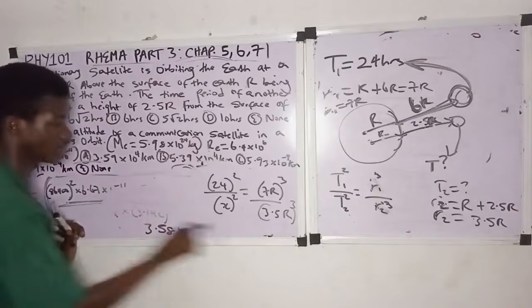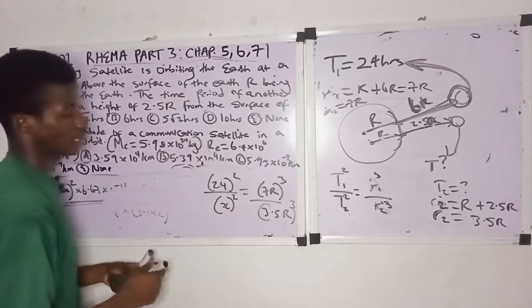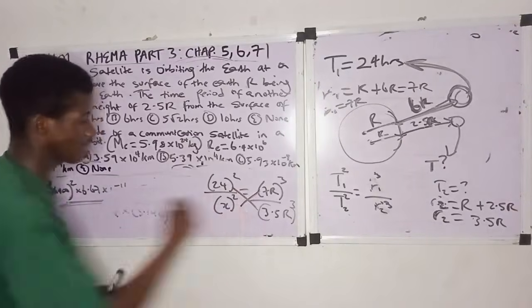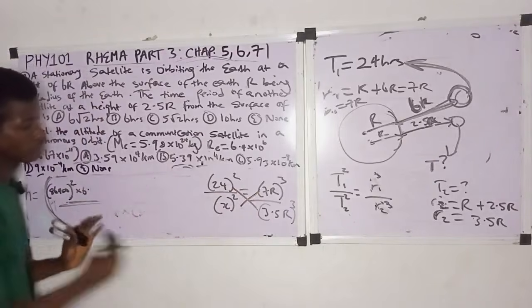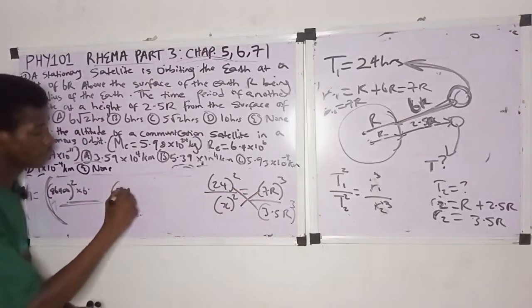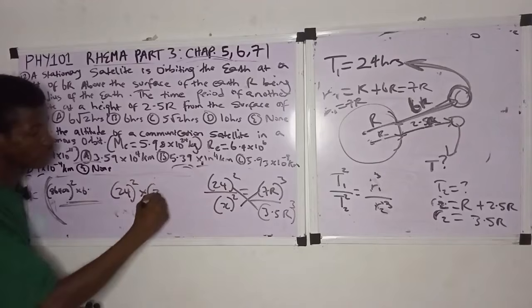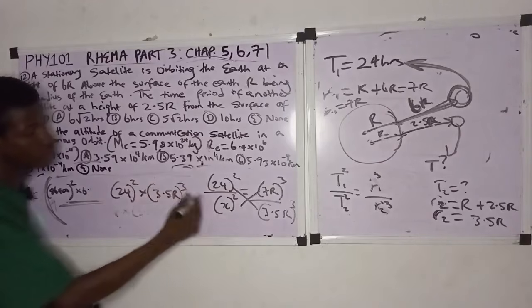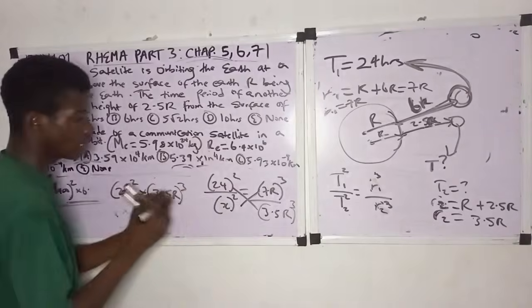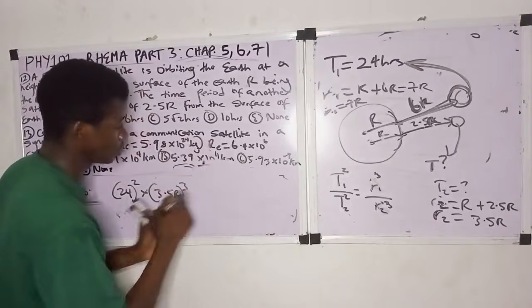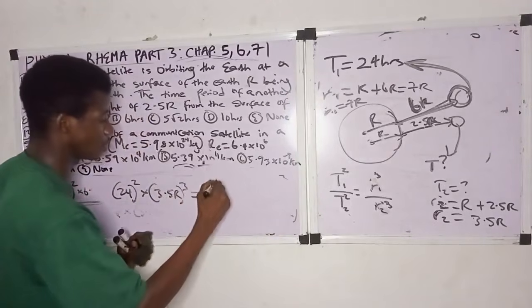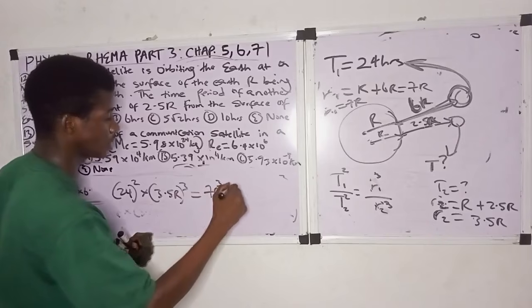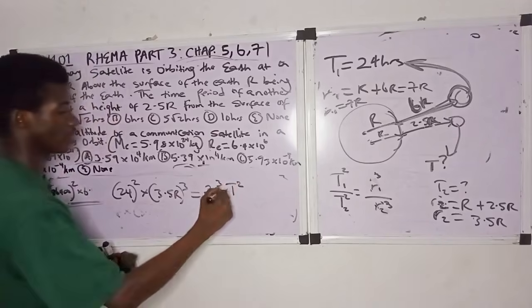So what do I do next? Cross multiply. It will be 24 squared times (3.5R) cubed equals (7R) cubed times T2 squared.